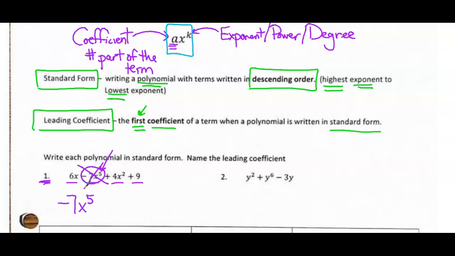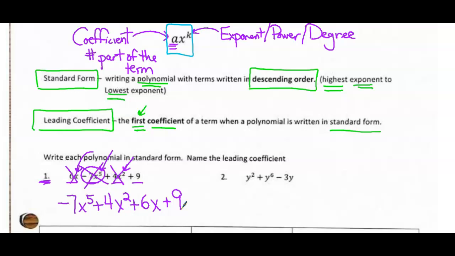Then I have 3 terms left. The next highest degree is a 2, and that is positive 4x squared. I have 2 terms left. You always have a degree with a variable. So this 6x comes next because x is really to the power of 1. And then last, you put plus 9. So take a look at that.